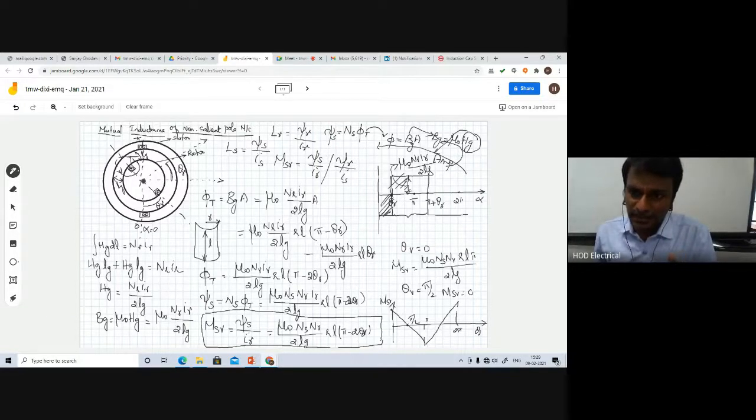So whenever this angle theta is shifted to 90 degrees, the mutual inductance will be 0. Then whenever theta is equal to pi, the mutual inductance will be minus the maximum value. I hope it is understandable how one can understand the mutual inductance with respect to the rotor angle.